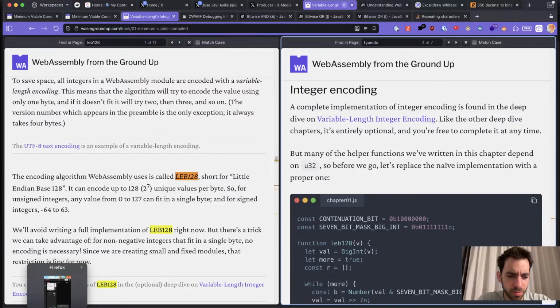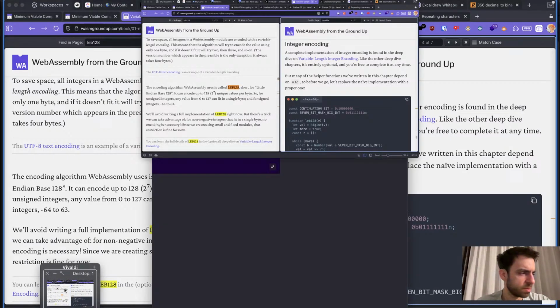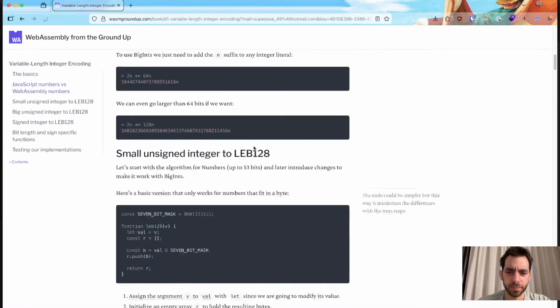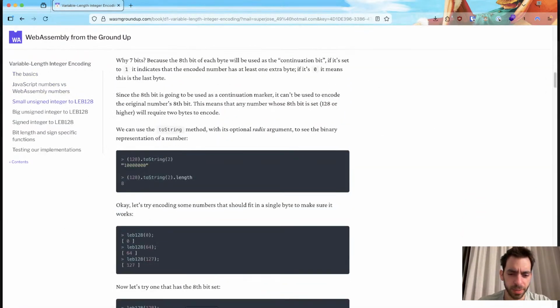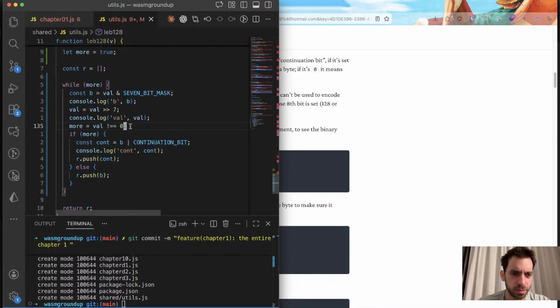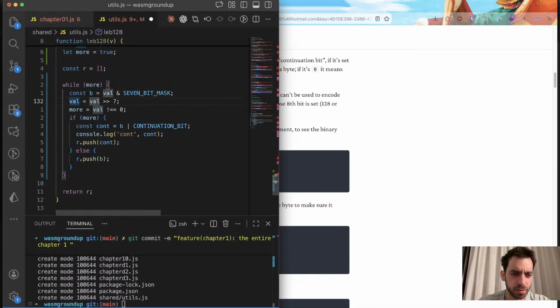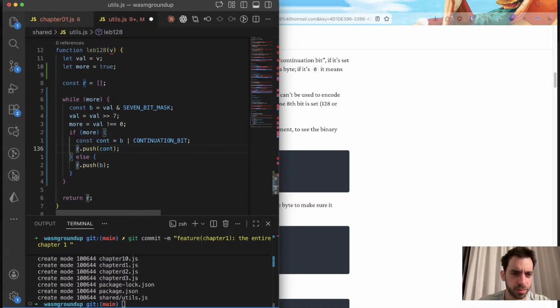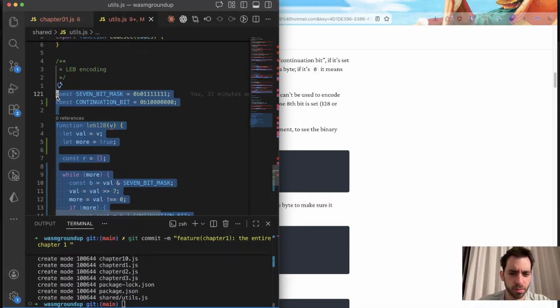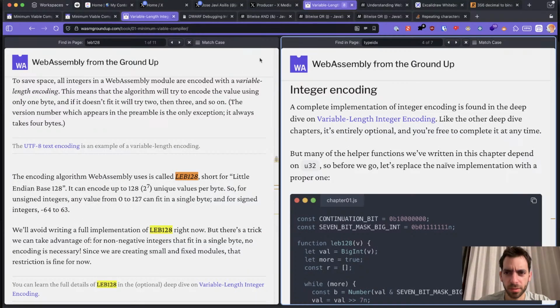Alright, let me try with Firefox. Okay, I'm gonna come back, open VS Code, and delete the console logs, which are probably going to be the culprits. Did it?